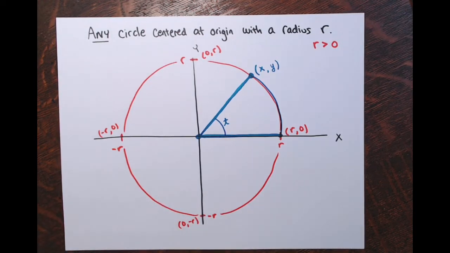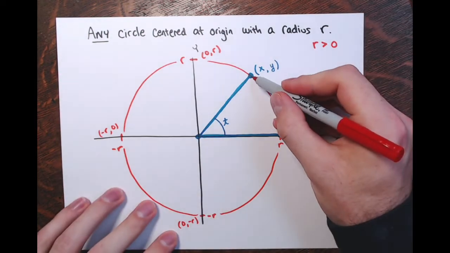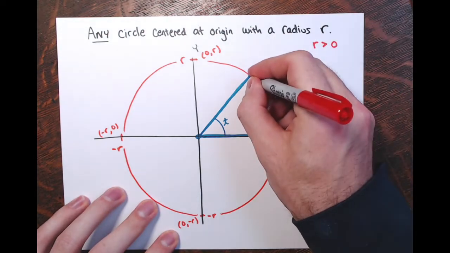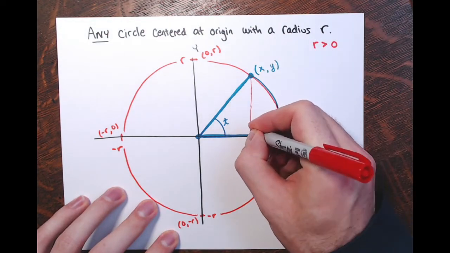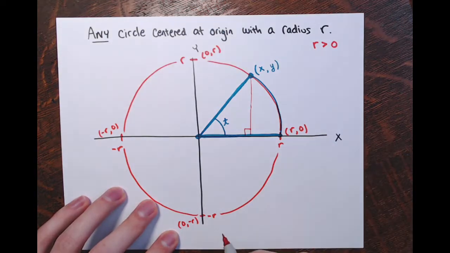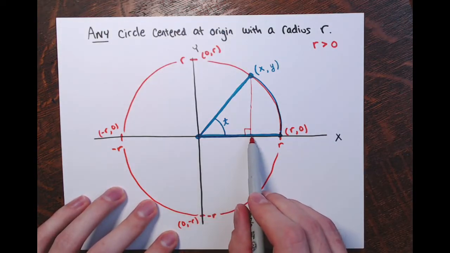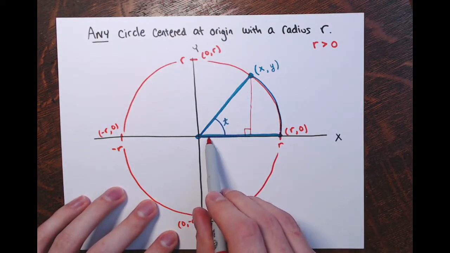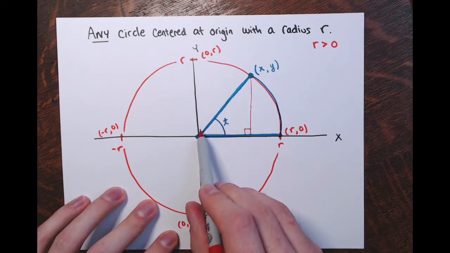And then, just as I've done in previous pictures, from this point x comma y, I draw a segment perpendicular to the x-axis, perpendicular to the horizontal. And do you see what I've just created is a right triangle.